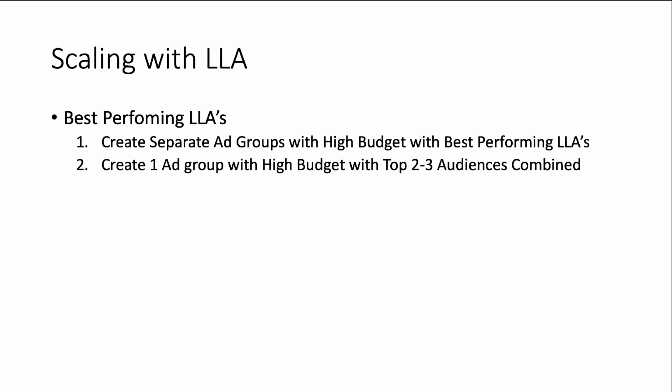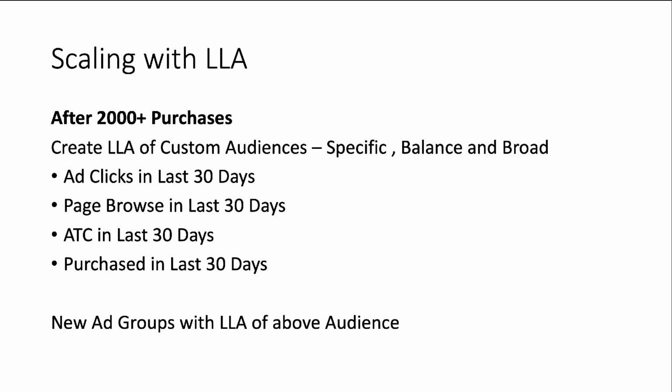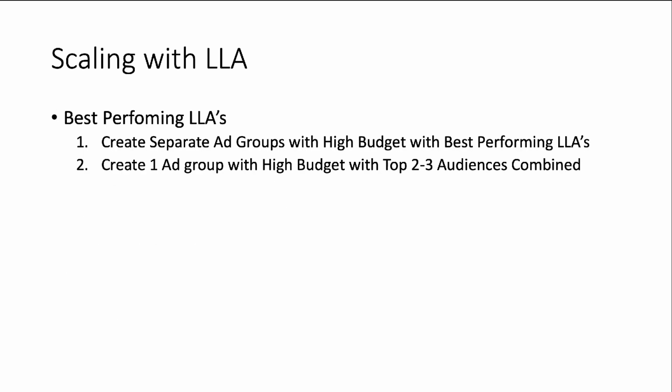So let's say your specific audience for add to cart, purchases and page browsers in the last 30 days are working best. So you create three different ad groups of these three and give them a high budget and run them. Second option is, you create only one ad group with all these three audiences in the same ad group and give it a high budget.